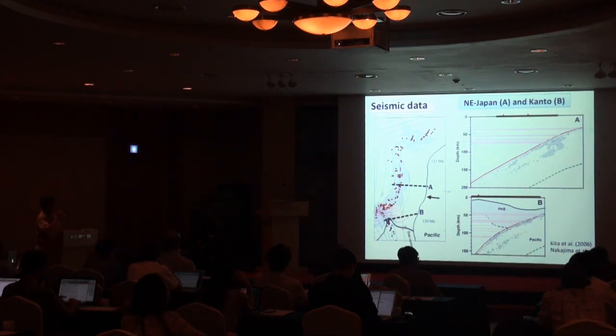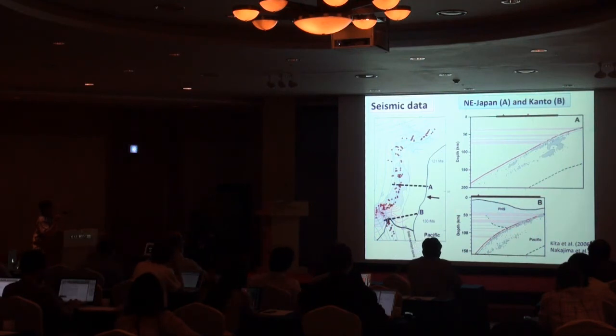An important signature of the Kanto area is that another plate is also subducting here. This is the Pacific plate subducting toward the north, and therefore there is a lid of the Philippine Sea plate on the Pacific plate. This is very different from Northeast Japan.